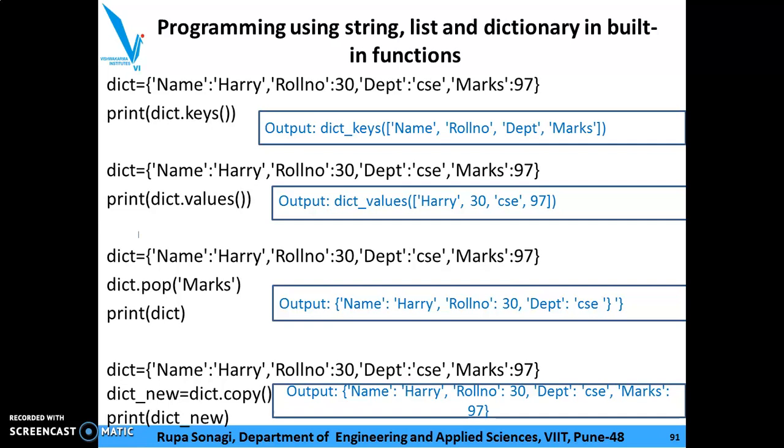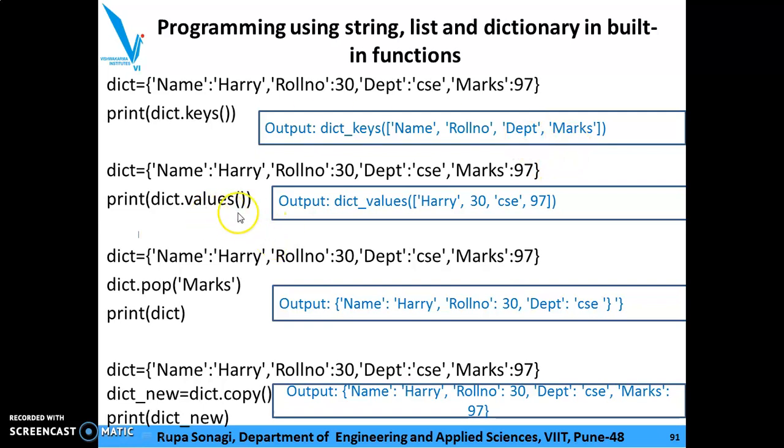Now we can see some more examples about dictionaries. Suppose this dictionary is available: the key is name, value is Harry; key is roll number, value is 30; key is department, value is CSE; and key is marks, value is 97. When you write the inbuilt function dict.keys, it will display the keys of that dictionary: name, roll number, department and marks.